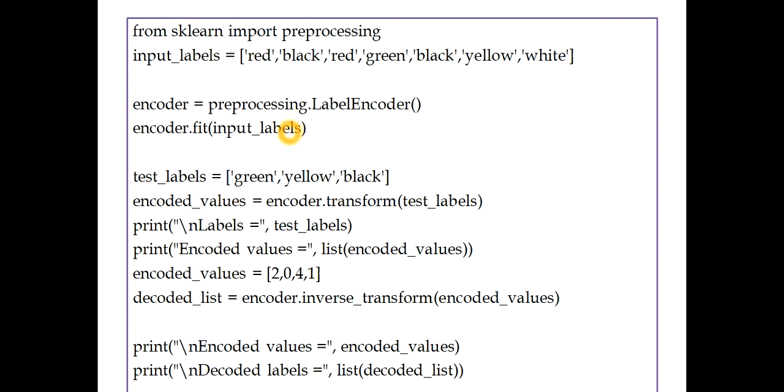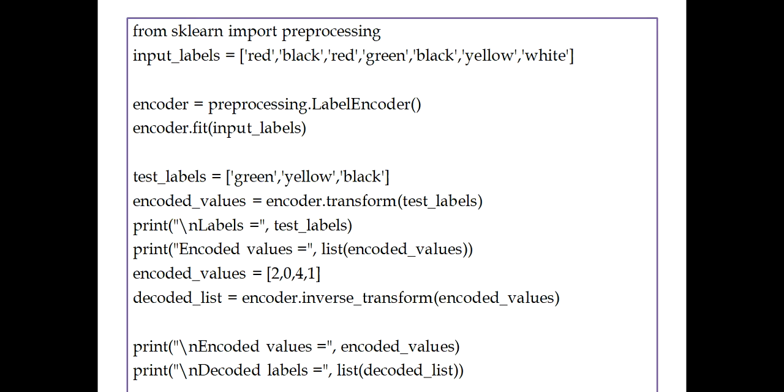Now let's check it. Test labels, say green, yellow, black. I'm taking this as our test data or test labels. Now, encoded_values equals encoder.transform(test_labels). So we are passing these test labels to our encoder, and the encoder transforms them and puts them in encoded_values. Now let's print them.